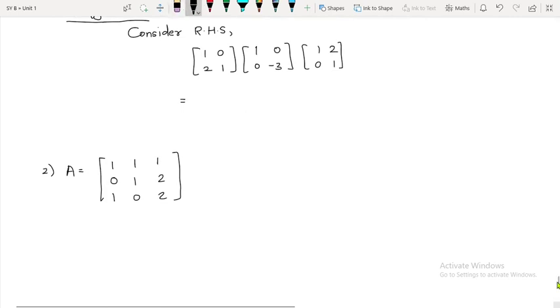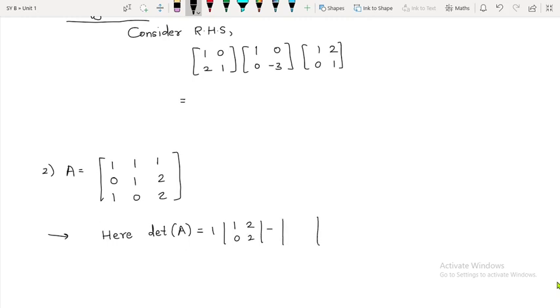Fine. Now first of all we'll find the determinant. The determinant of A will be equal to what? Now you have mastered finding the determinant. So 1 times the determinant of 1 2, 0 2, minus the determinant of, with this row and this column cancelled, 0 2, 1 2, plus, with the first row and last column cancelled, 0 1, 1 0.